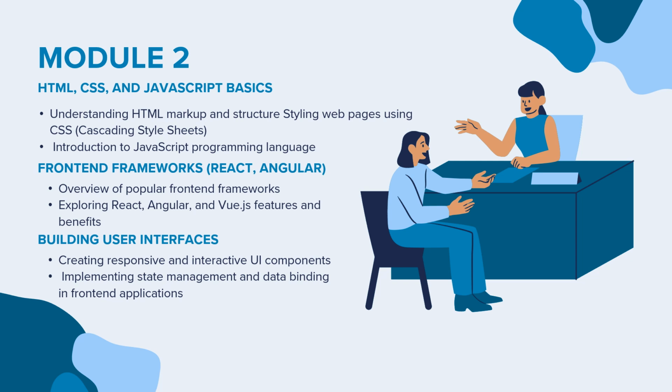And for the framework, as I told, any one of React or Angular, you guys comment down below, and we'll see what React is, what Angular is, why this is required, why a framework, what a framework is, etc. And we'll be building user interfaces here, creating responsive and interactive UI elements: what is a component, what is state, and what is data binding, etc. We'll see that. Don't scratch your head about it right now.